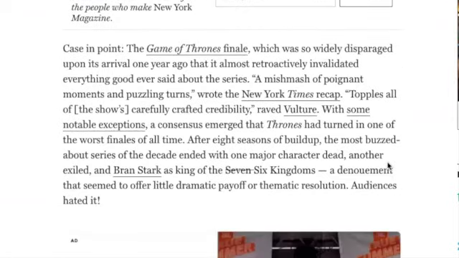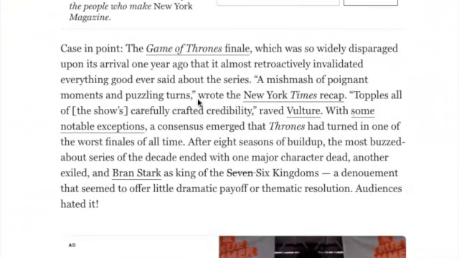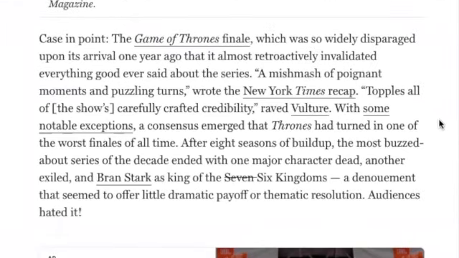So then the writer goes on to use another kind of evidence, which is a quote from somebody else, right? That's another type of evidence that you can use to try to convince people. So in the quote, it says a mishmash of poignant moments and puzzling turns, wrote the New York Times recap. So that means there were these good parts, the poignant moments, but the puzzling turns means like we were puzzled, we didn't understand it.